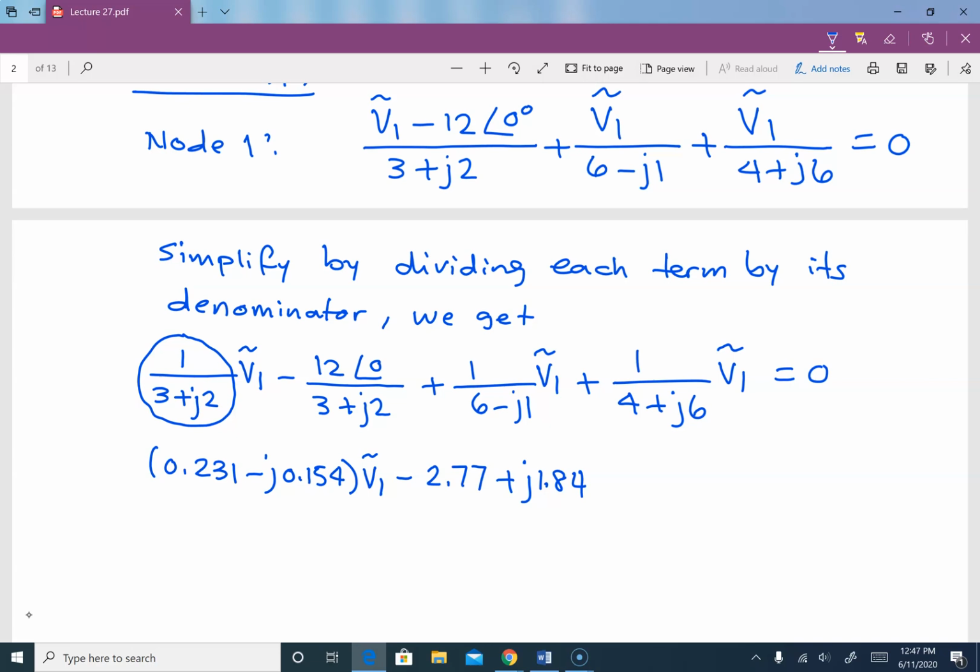But I have a negative over here, so we end up with 2.77 plus J1.84.